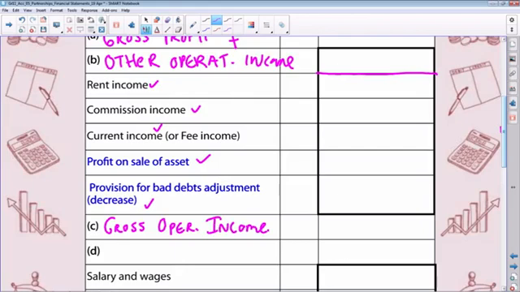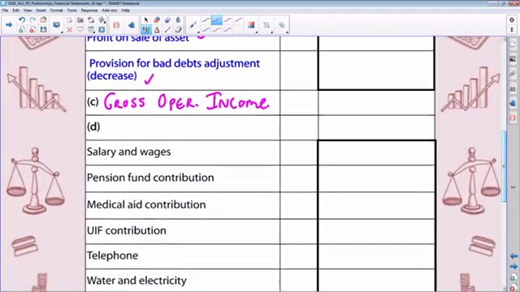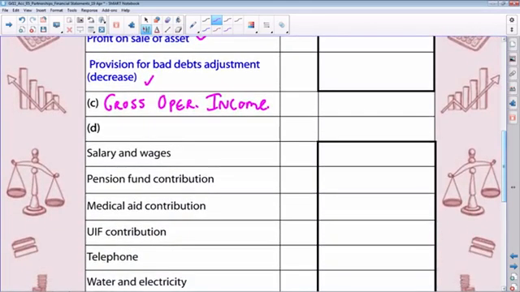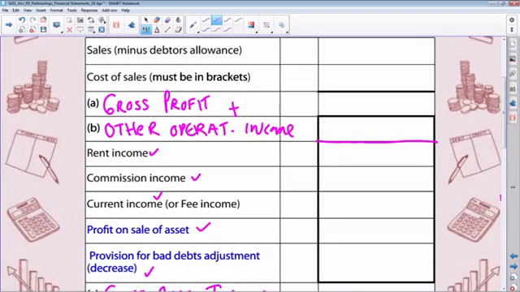Okay, next missing item, D. D is obviously adding up all our other expenses. I'm using the word other because remember, at the top you've already got cost of sales, which is an expense.